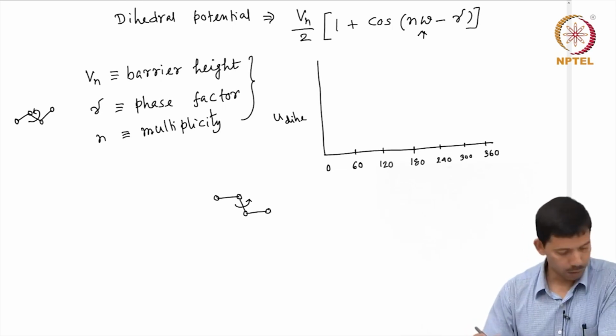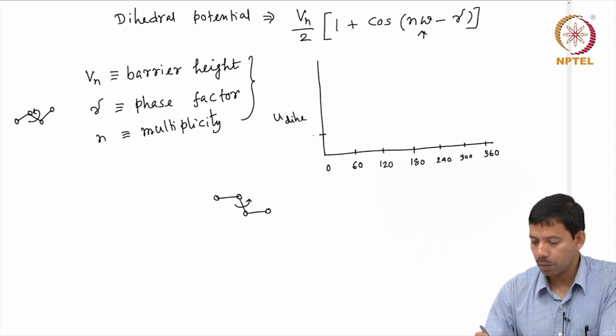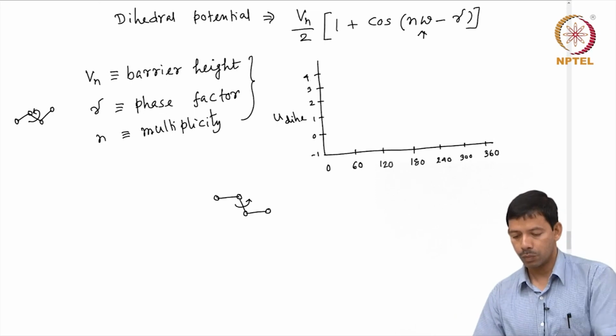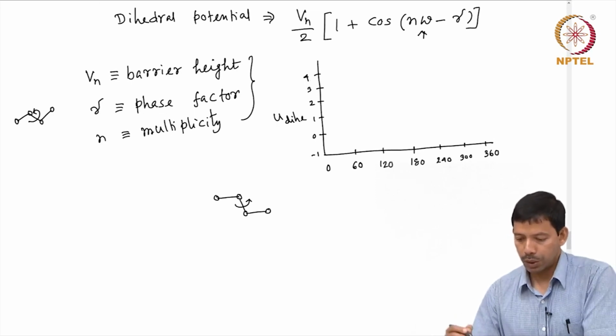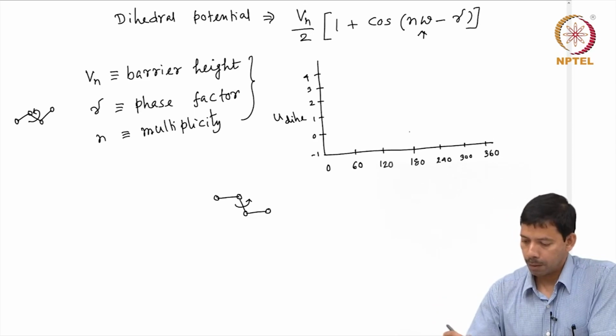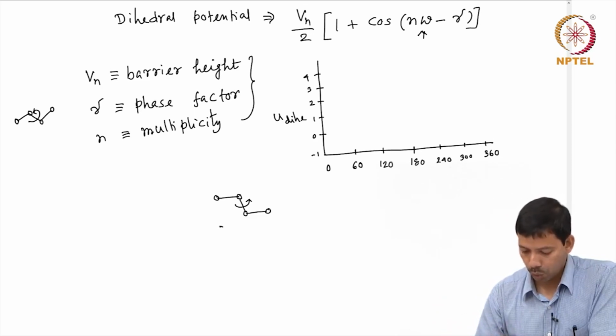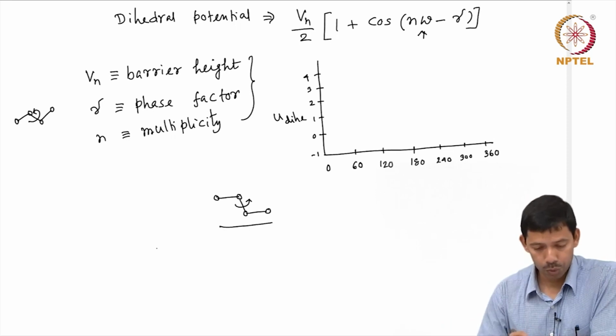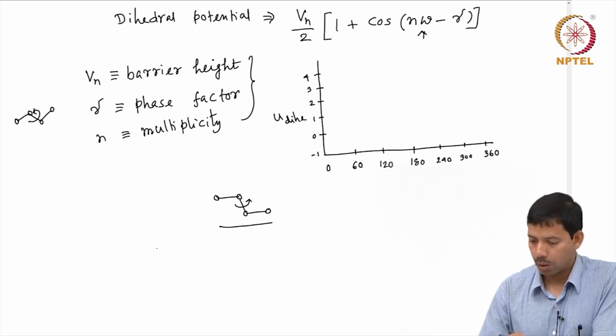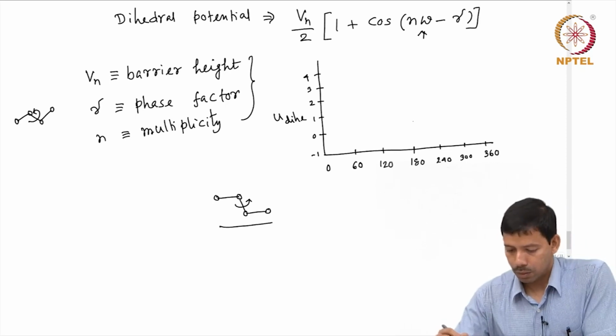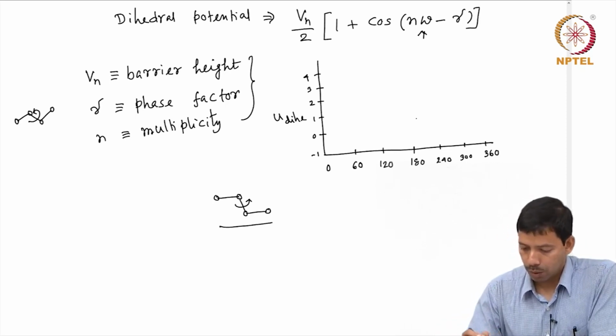And on the y-axis, this is my 0, this is -1, this is 1, this is 2, this is 3 and so on. The nature of this rotation, the dihedral, is also called the torsional angle. So this should look something like this.